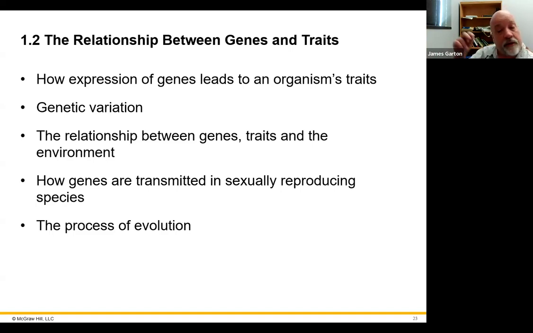And the genes have to be transmitted to the offspring in the appropriate dosage. And organisms that are capable of sexual reproduction do this one way. And organisms that are incapable of that do it a different way. And then there's a process called evolution, which is basically genetic change in a population over time.